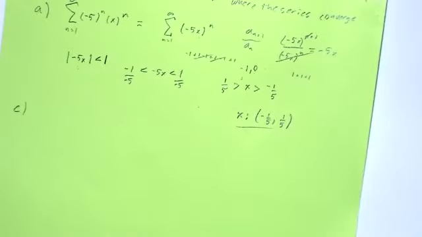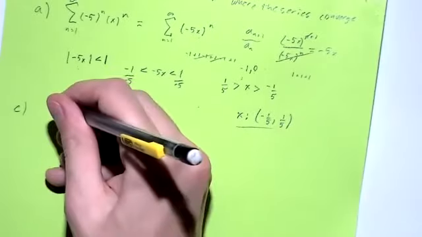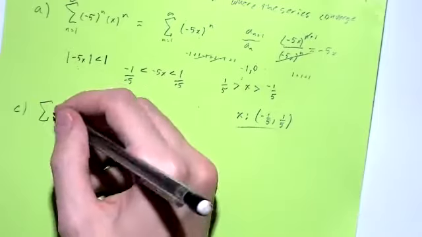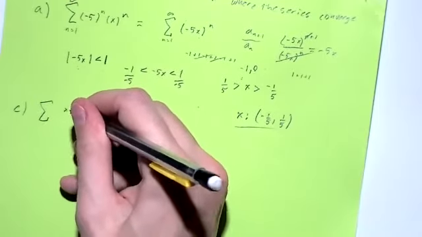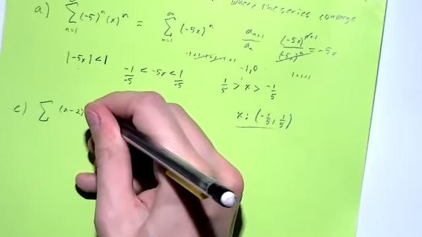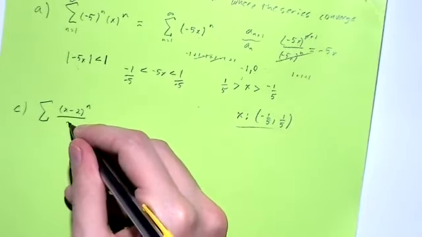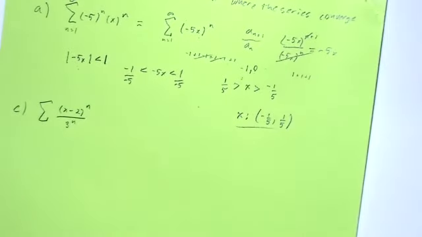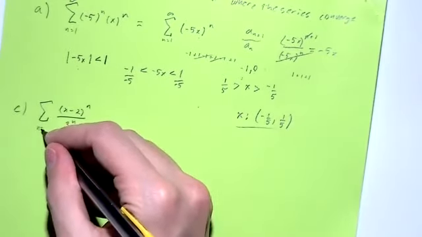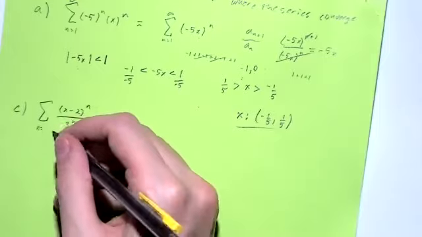This is just kind of a warm up. So if we have the summation of (x minus 2)^n over 3^n, this slightly harder one, and that's going to be from n equals 1 to infinity again.